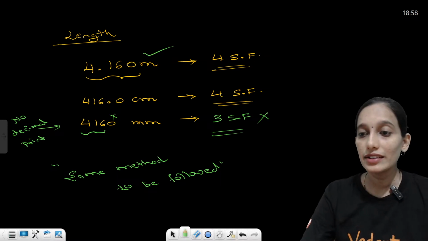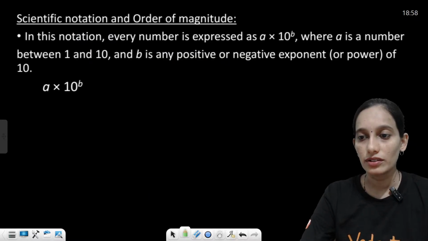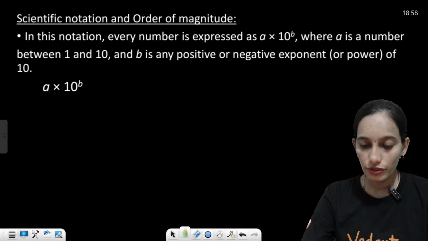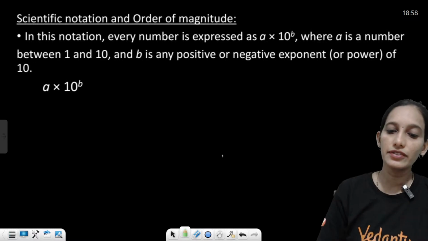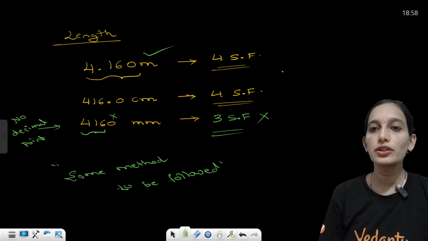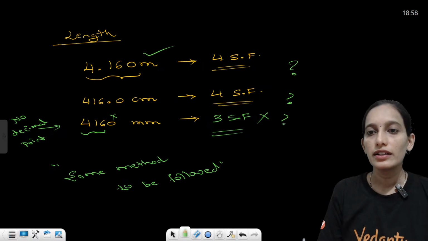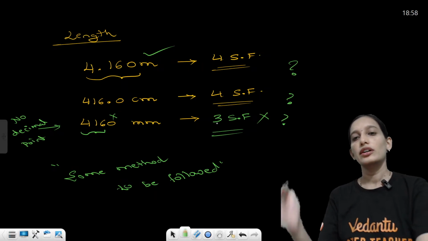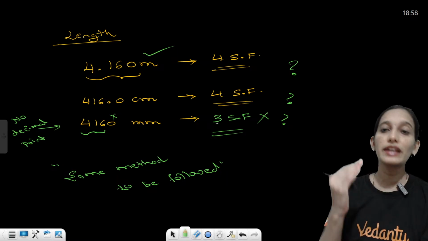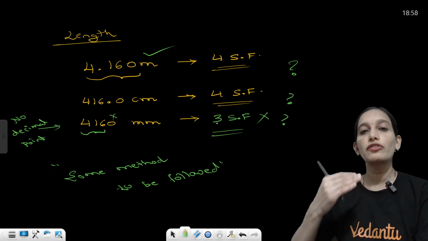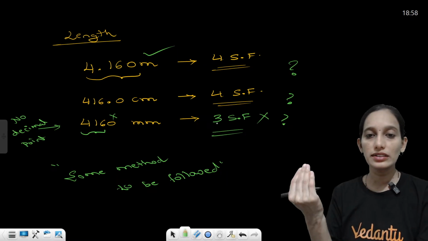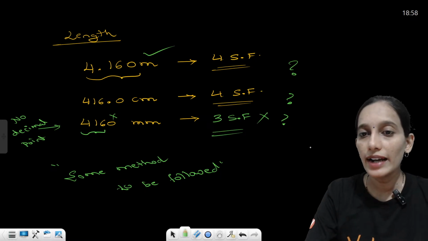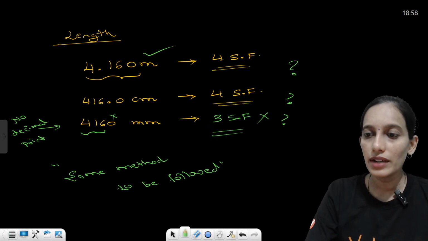So that is scientific notation. What should we do? We should follow scientific notation in order to avoid these kinds of confusions. When there is a trailing 0 in the measured value and we go from one system of units to another, we may end up with confusions.